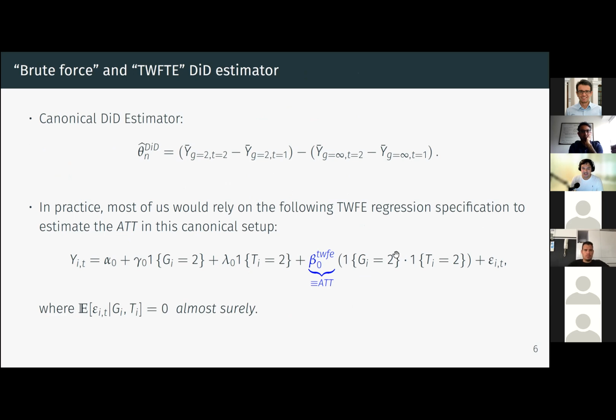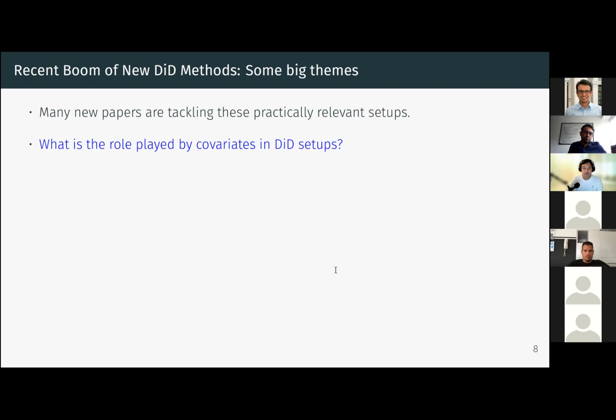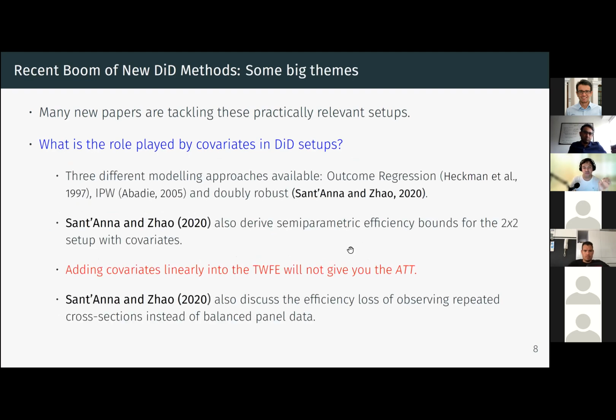Adding extra terms here is going to mess up the interpretation of the ATT, right? And why is that? Because essentially we are imposing more restrictions than we want to. So in general, adding covariates linearly into a fixed effects regression will not give you the ATT.